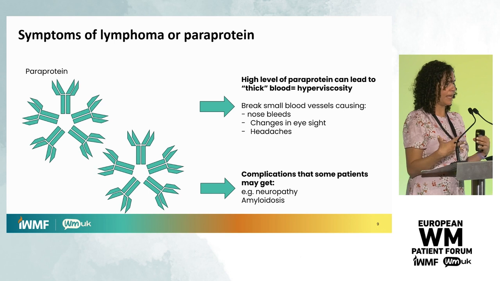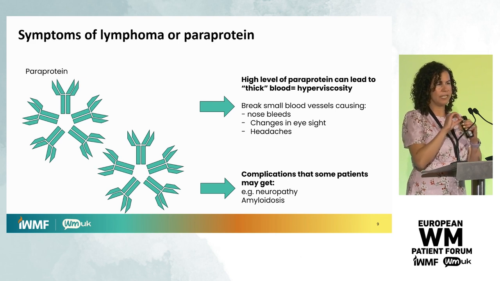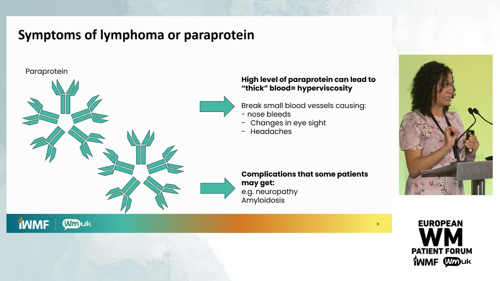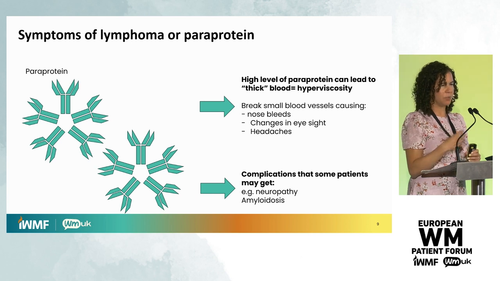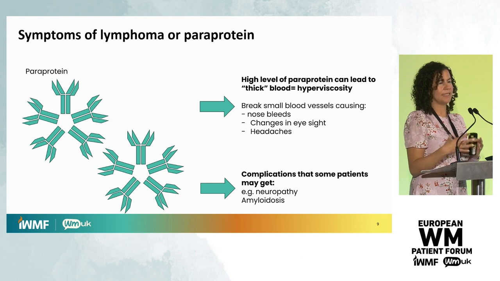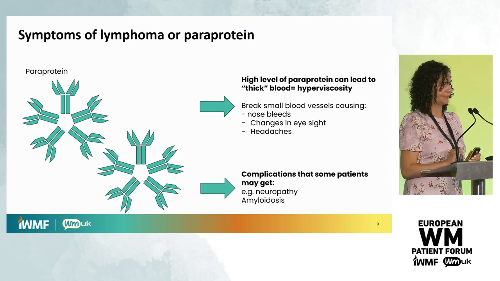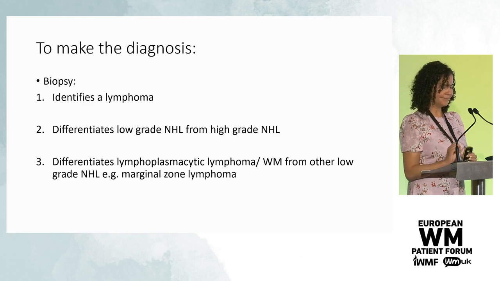So for some of you, you may have neuropathy that's being mediated by the paraprotein, or other rare things, some of which you'll hear about later today, like amyloid, where the paraprotein or part of the paraprotein is misshapen and folds in an abnormal way, and then that can lead to blockages in different organ or build up in different organs as well. But as I say, that's something that's kind of unique to different patients, and not all patients with WM will get these complications. So you can get the symptoms from the lymphoma or the paraprotein.